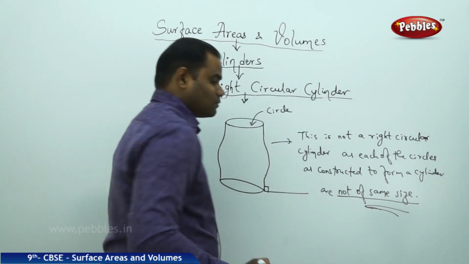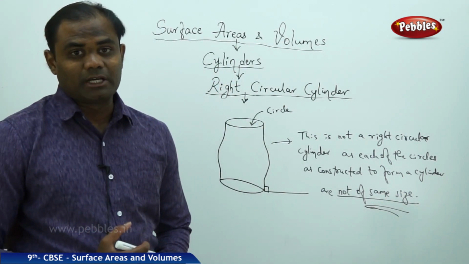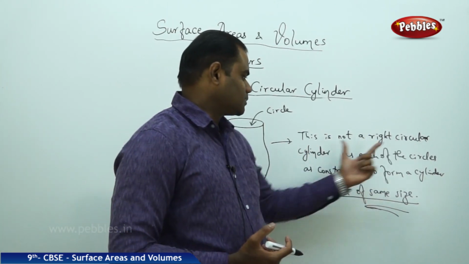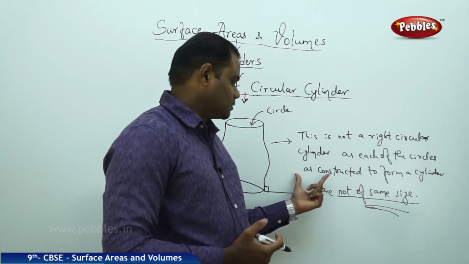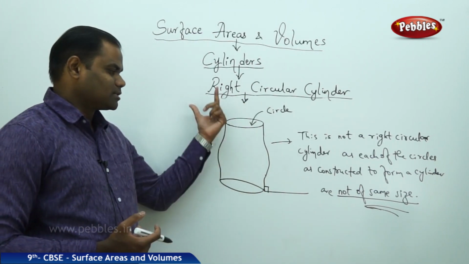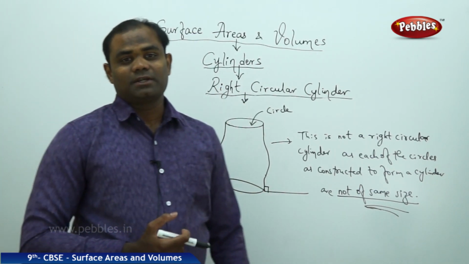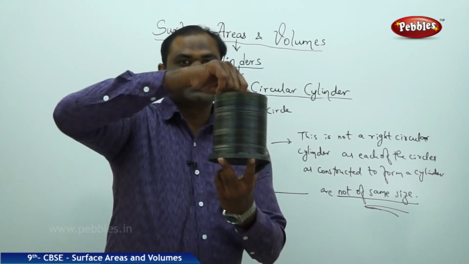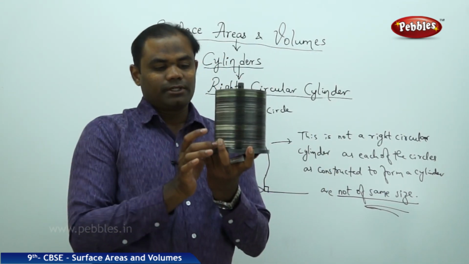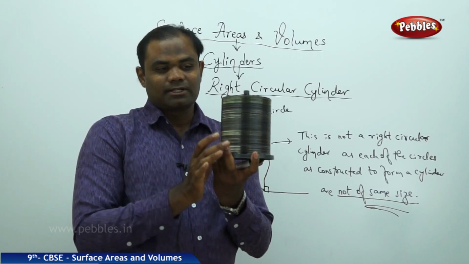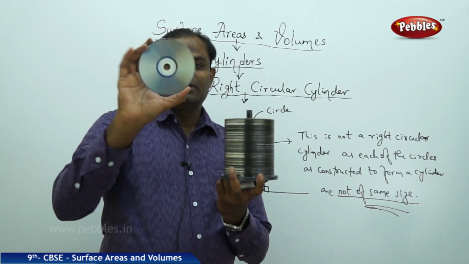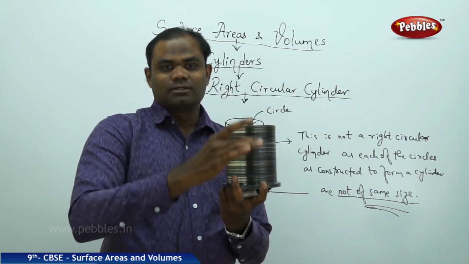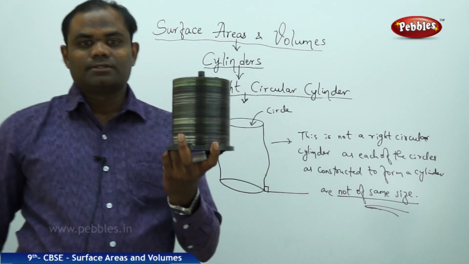This is the main reason why this cylinder does not become a right circular cylinder. They must be of the same size. This is a perfect right circular cylinder because each of the circles of the same size is constructed to form a cylinder. Circles of the same size make a solid right circular cylinder.